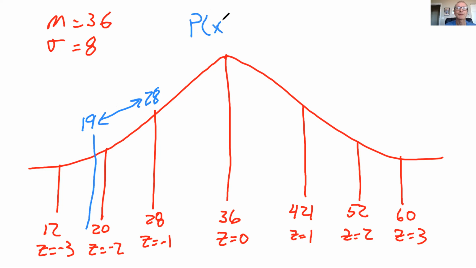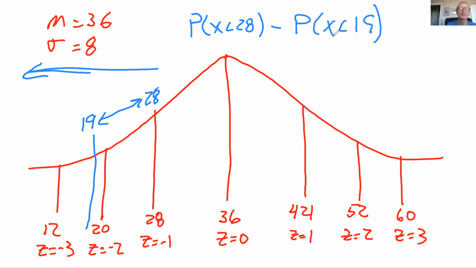So it'd be x less than 28, which would be all of that going down, right? And then it'd be minus x less than 19. So basically you would take this and subtract it off, and then you end up with that amount of area there.